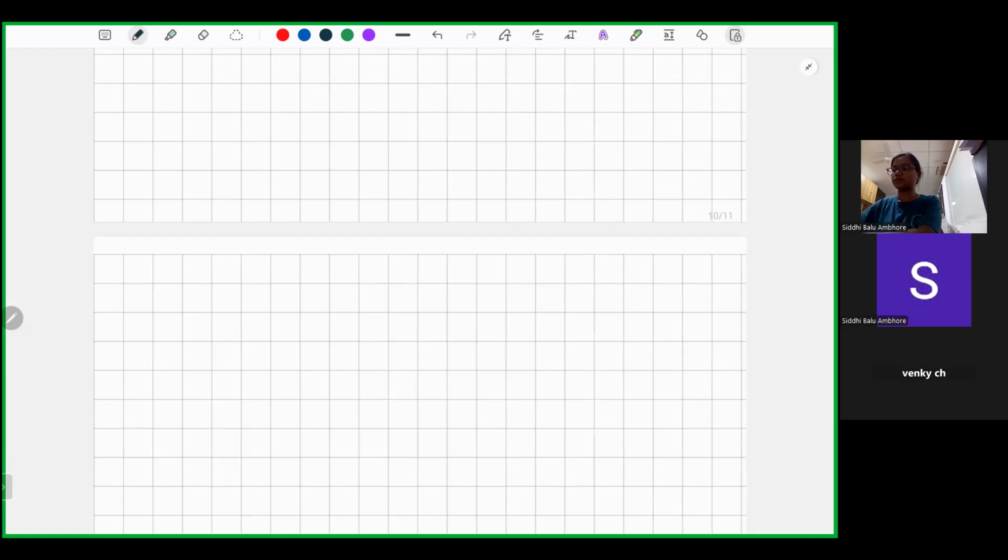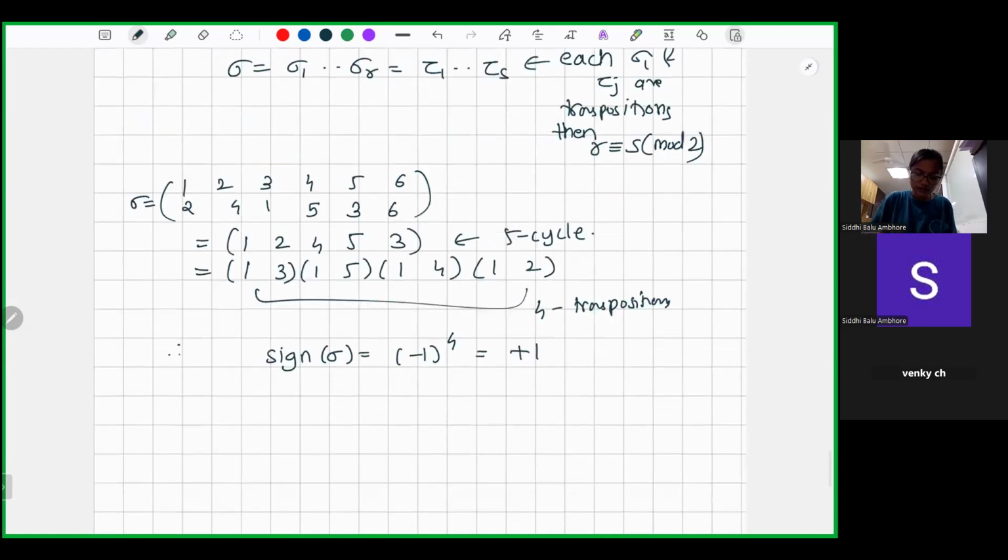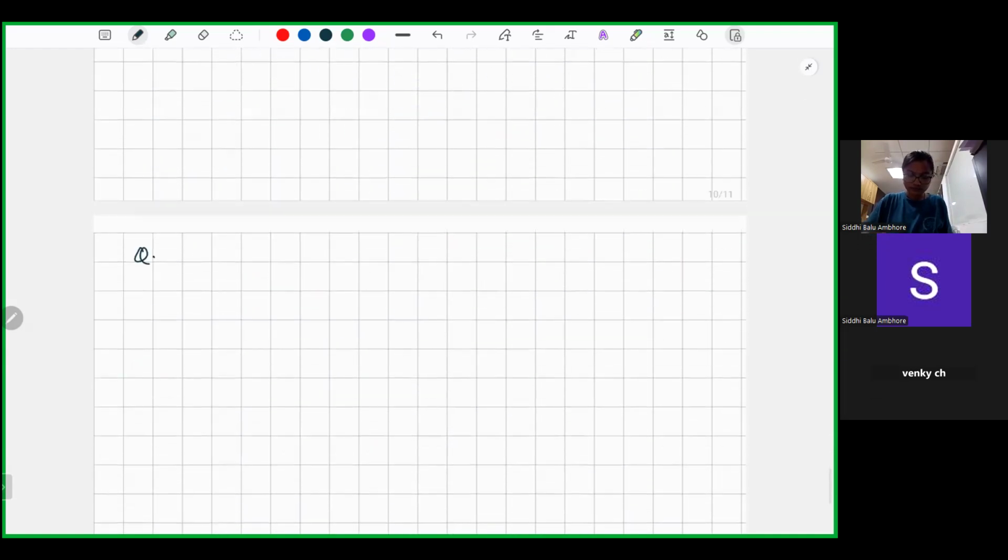Yes. This prove means it's a quick observation. This is question 5: let n be greater than or equal to 5.